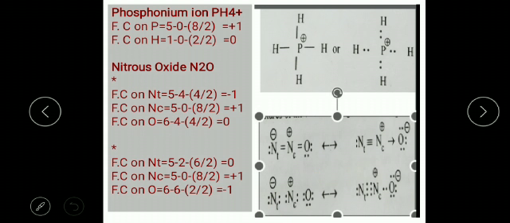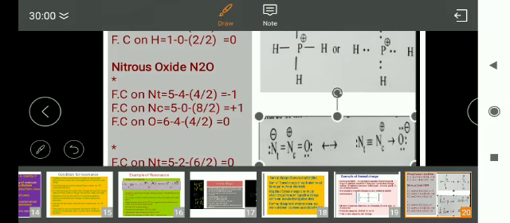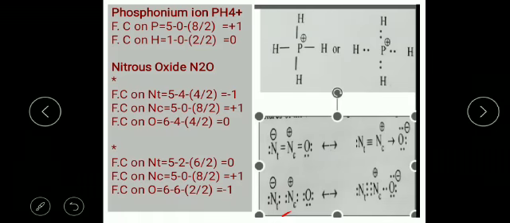Then the formal charge on Nc: 5 because valency is 5, minus 0 because there is no lone pair, minus 8 because these four are bond pairs, divided by 2. So 5 minus 4 gives plus 1.